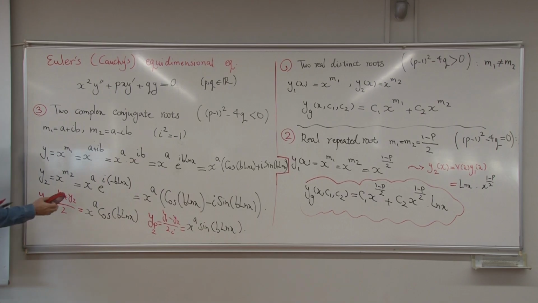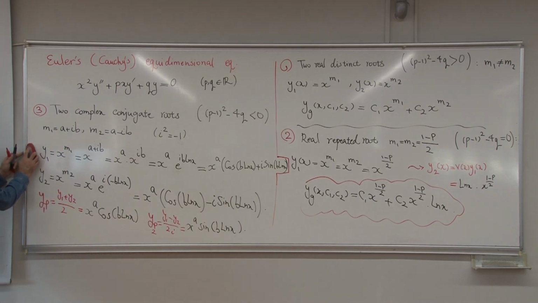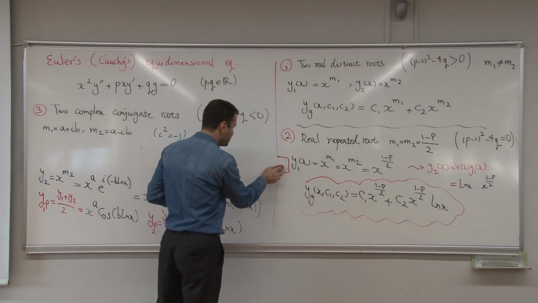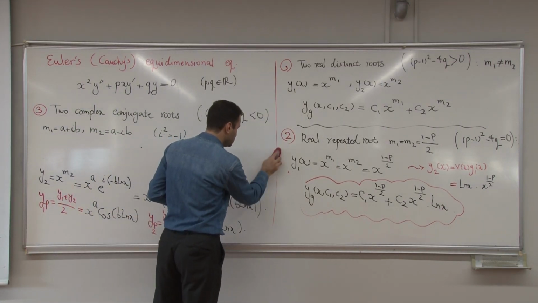So, my general solution is going to look like what? If you're okay with this, I'm just going to clean it, because I want to have everything in one place.